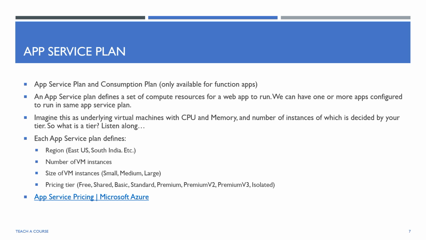So you have the ability to select the app service plan, and depending on the type of tier that you are in, the scaling depends on the number of instances, and that's all decided by the pricing tier that you are in.